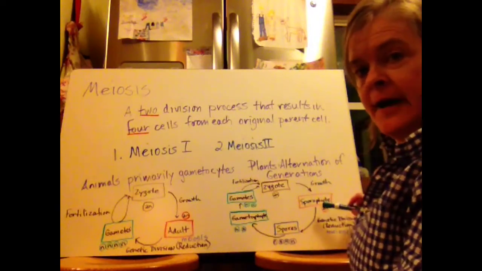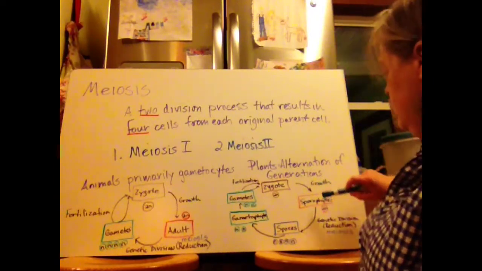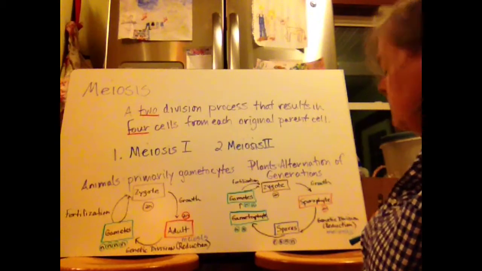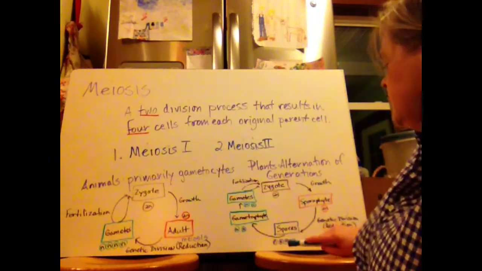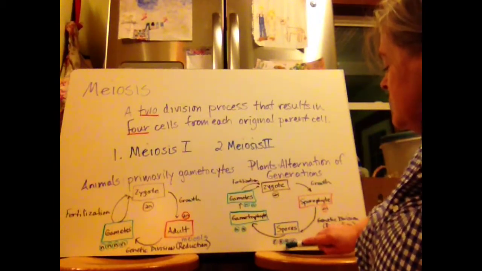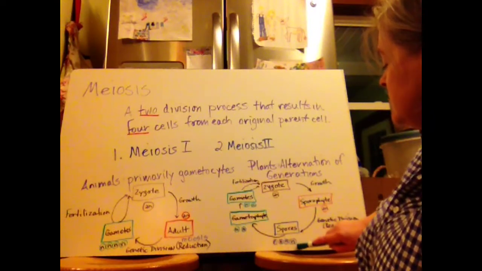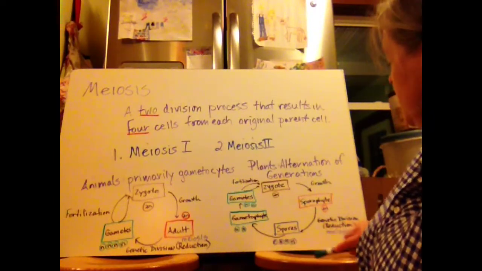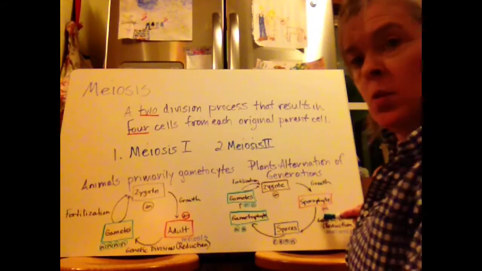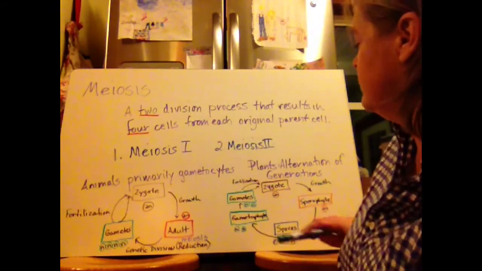The sporophyte, the mother spore, undergoes meiosis and has the haploid cells, 4 haploid cells from the 1 2N cell.